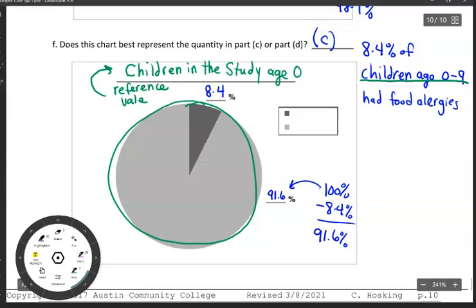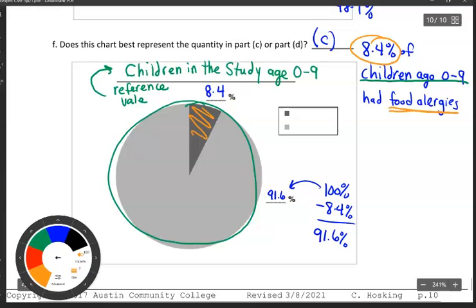Age 0 to 9. And I'm splitting those younger children, that younger group of children, into either they have a food allergy or they don't. So this 8.4% has to match the other bookend in there, which was food allergies. So this 8.4%, that darker shaded region is going to be the kids in that younger age group that have food allergies.